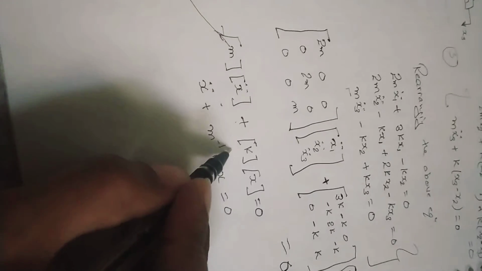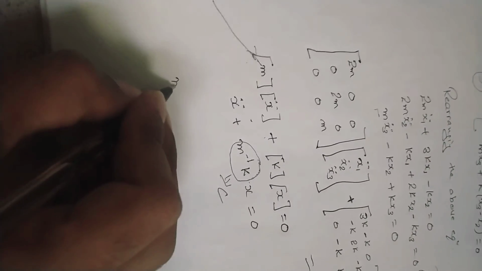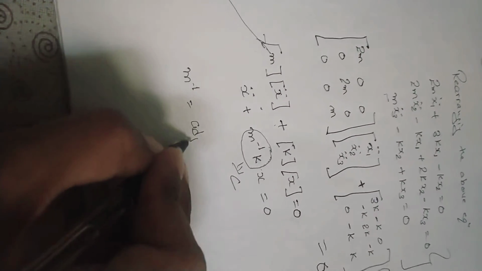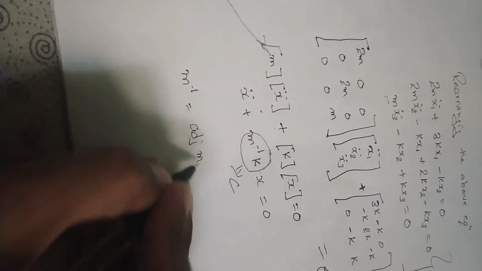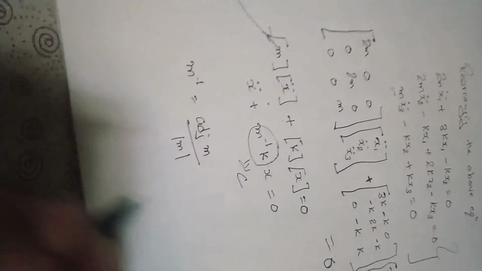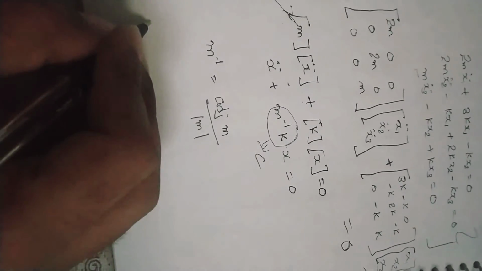Here we can take m inverse k as a constant c, and m inverse, as you know, in matrix form is adjoint of m divided by determinant of m. So let's check the m inverse value.